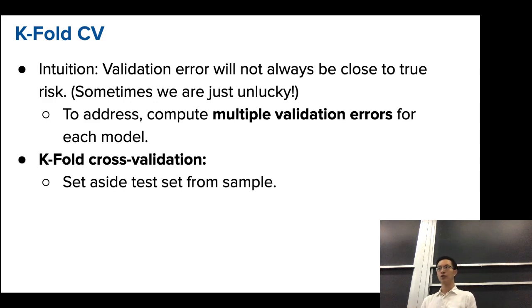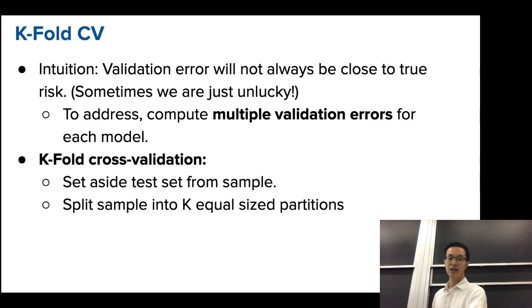Here's the idea. In k-fold cross-validation, we start by setting aside a test set, and then we split the rest of our sample into k equal size partitions. We're just splitting up our sample into k splits or k folds. If we're performing 3-fold cross-validation, then we'll split the rest of our sample into 3 parts.